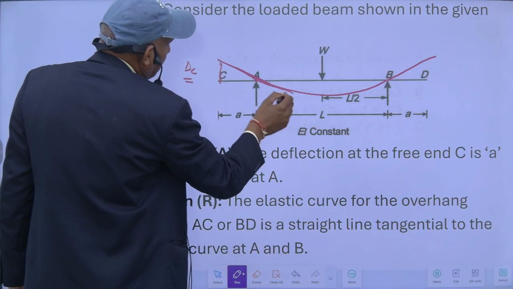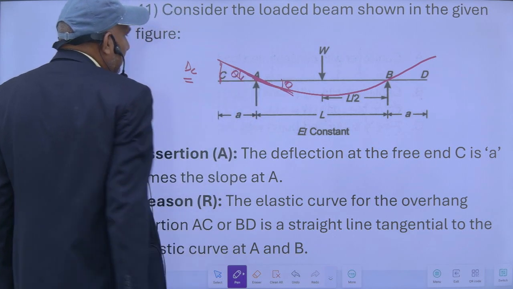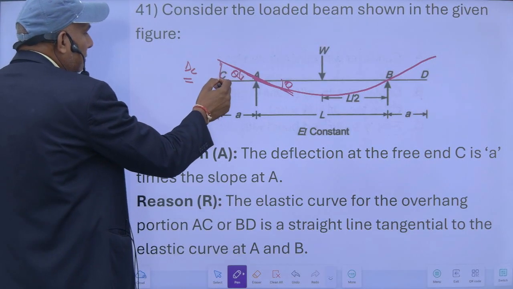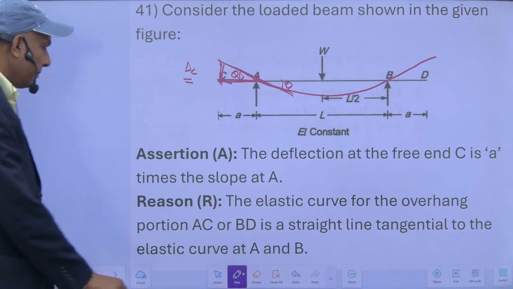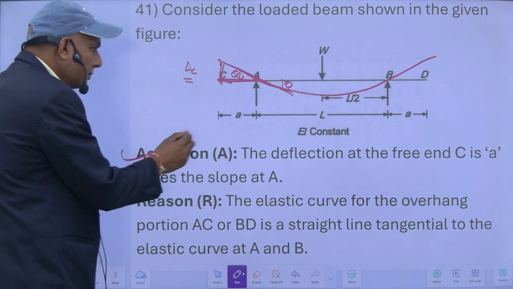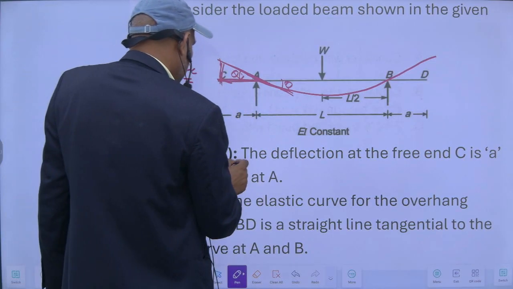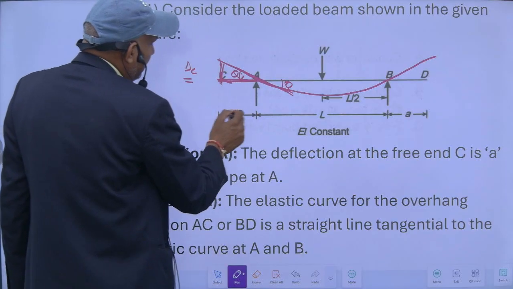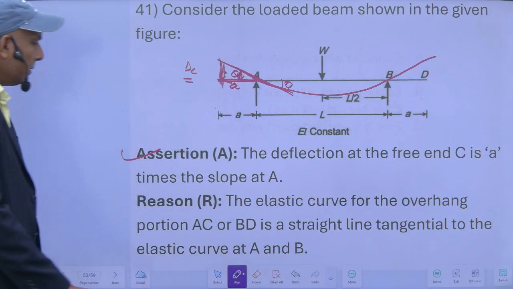This slope theta is equal to this theta. So this theta into this distance will give the deflection at this point. Yes, so deflection at the free end will be a times this theta.